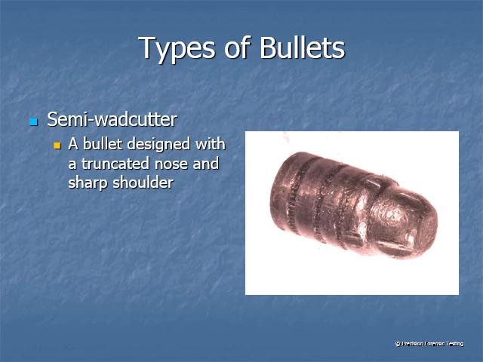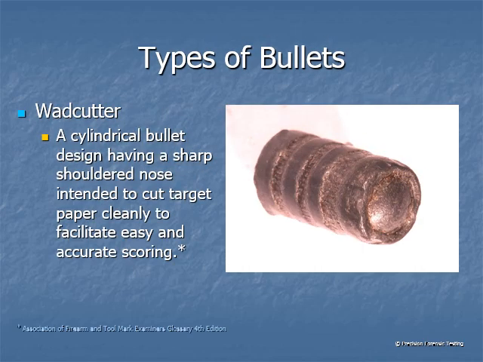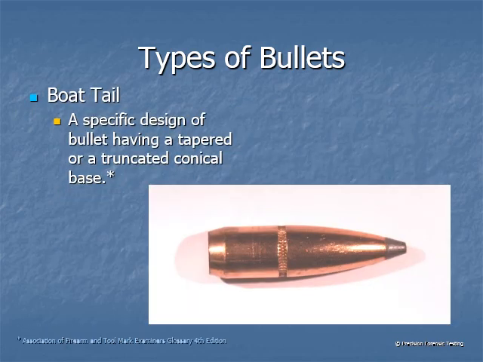Another one that's used a lot of times in target practice is what is known as a wad cutter, or in this case a semi-wad cutter, and that is a truncated nose here that has a sharp shoulder. A regular wad cutter does not have that shoulder there, and again, it's going to be useful in target practice. So each of those last three were more used in a design of target practice.